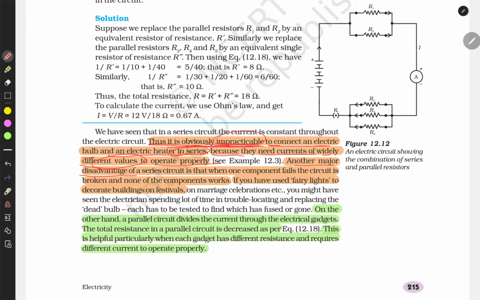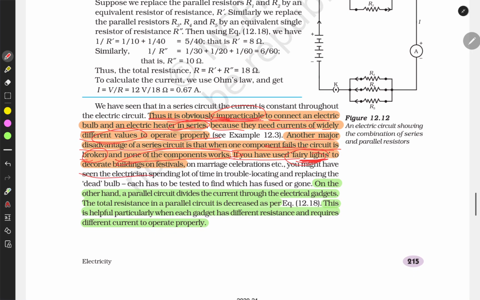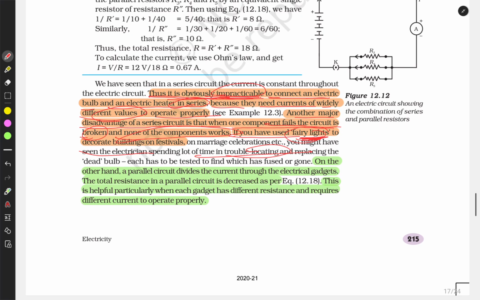And another major disadvantage of the series circuit is that when one component fails and the series is broken, none of the components works. Have you used fairy lights, festival lights, Diwali lights? When one bulb fuses, all the series bulbs go out, because these bulbs, which act as resistors, are placed in series.